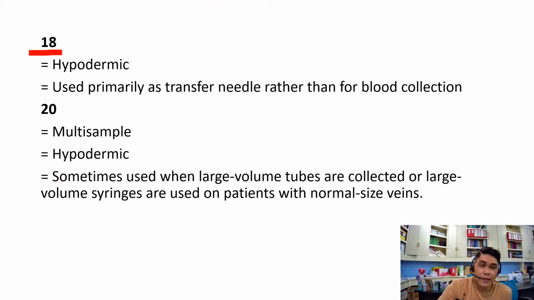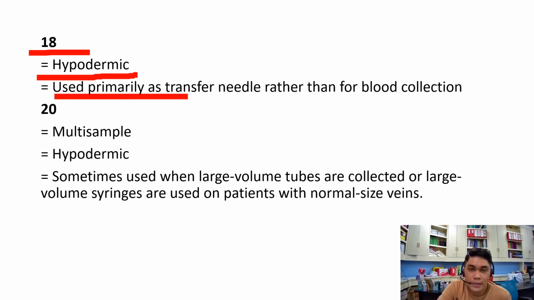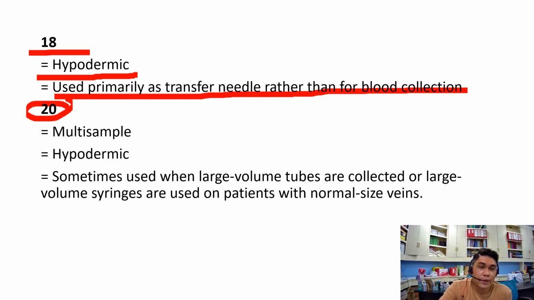Then next you have 18. It's usually present in hypodermic needles and it's used primarily as a transfer needle rather than for blood collection. And next you have 20. There are multi-sample needles with gauge 20, and also for hypodermic or syringe.